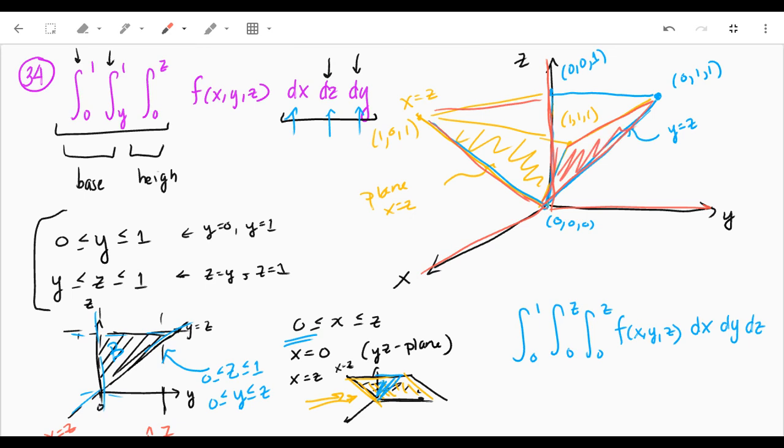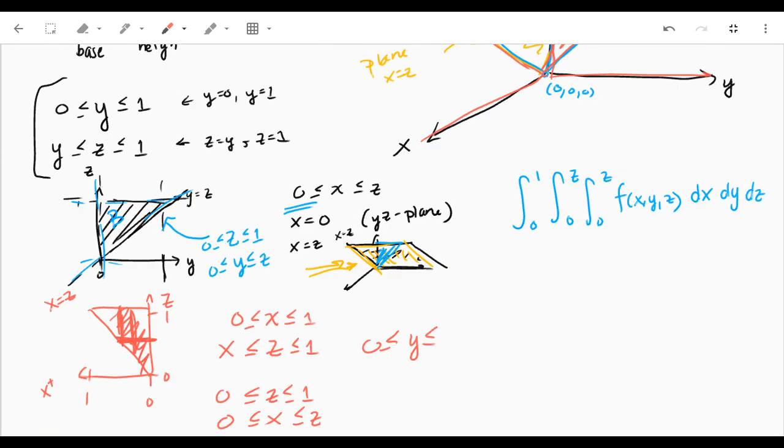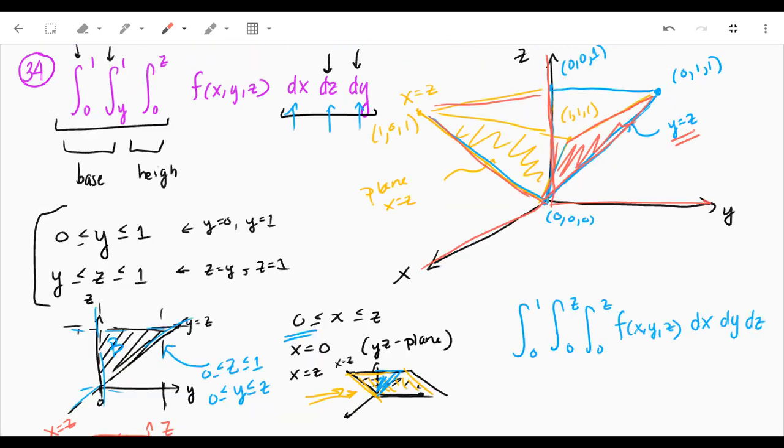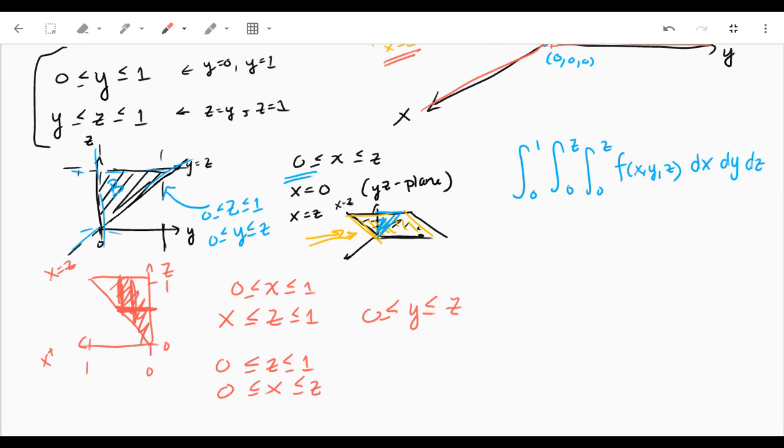And that slanted edge there is the plane y equals z. It's going right through that line, and it's staying in that same direction. So that would be z. Just like this is the plane x equals z, this is the plane y equals z. So we can set up some more integrals that way.